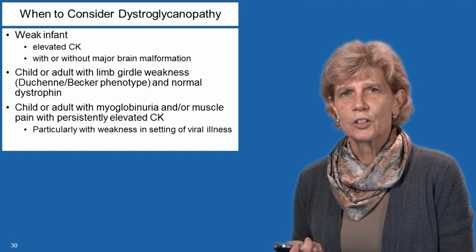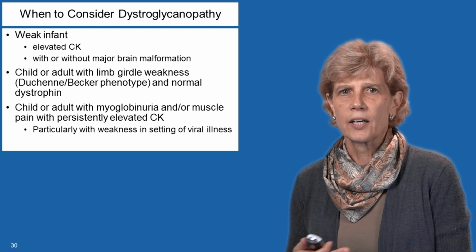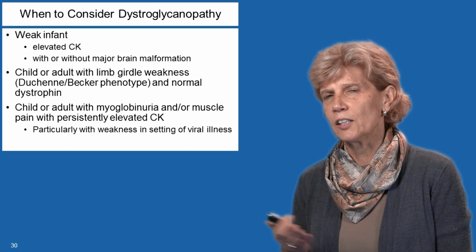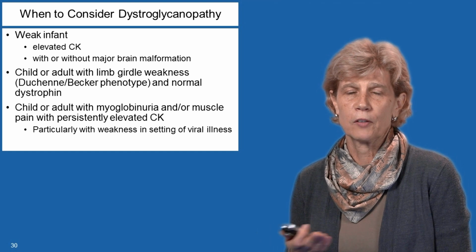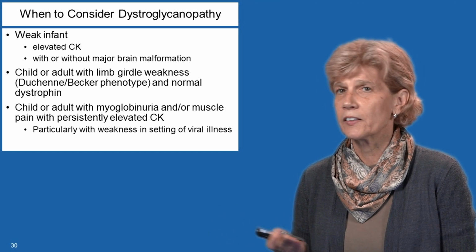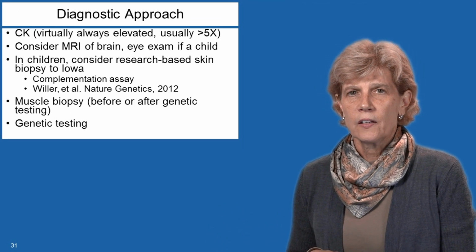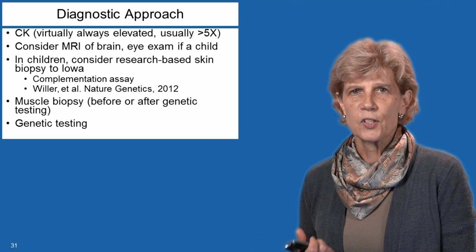If you have a child or adult with myoglobinuria, this brown-colored urine with exercise, muscle pain, and persistently elevated CK even when they haven't just worked out. And then particularly if you have a young child who develops profound weakness and an elevated CK that doesn't resolve after a viral illness.